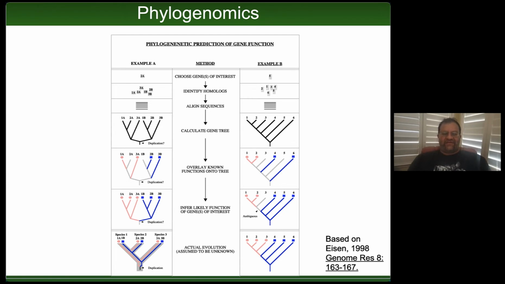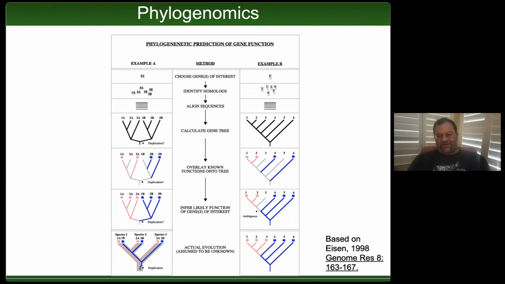But the general idea was that you would take a sequence, search it against a database, find homologs, build an evolutionary tree of those homologs, and then overlay onto that evolutionary tree experimentally determined functions, and then use evolutionary character state reconstruction methods like you would use with dinosaur fossils or with bird wings or something like that, and predict the function of things that had been uncharacterized by where they sat in the evolutionary tree and what the most likely model was for the transition states between functions in that evolutionary tree.